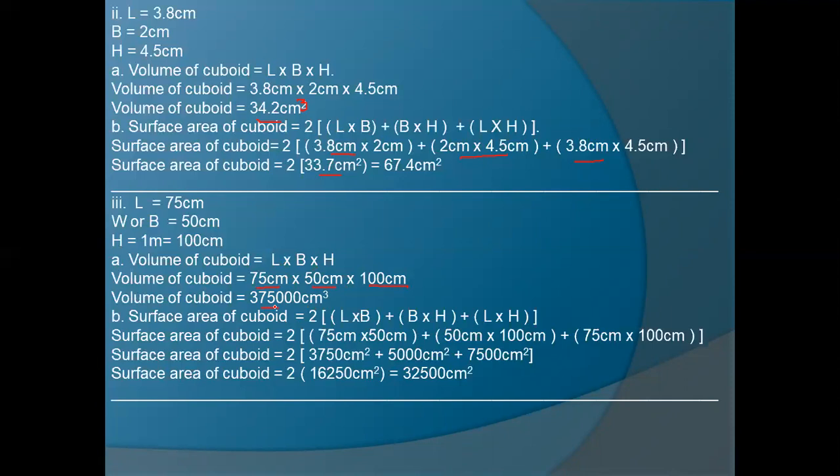And now the surface area of the cuboid. First we will write the formula, and after writing the formula we will replace the values of length and breadth, and again breadth multiply height, and again length multiply height. We have got the values, and after the multiplication of each, we then add them and get 16,250 square centimeter.